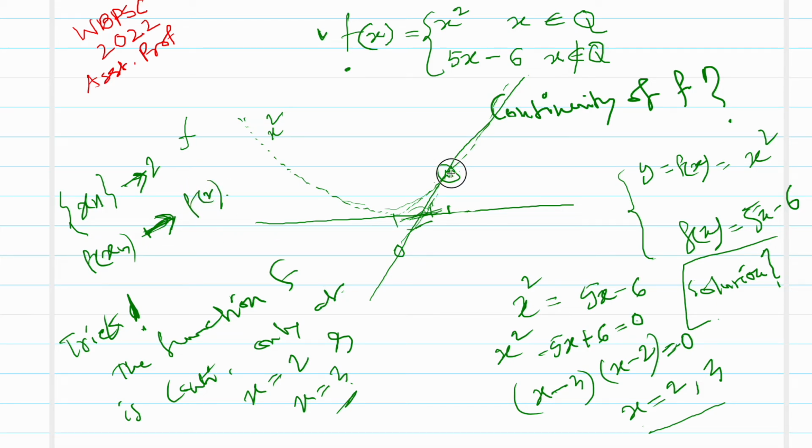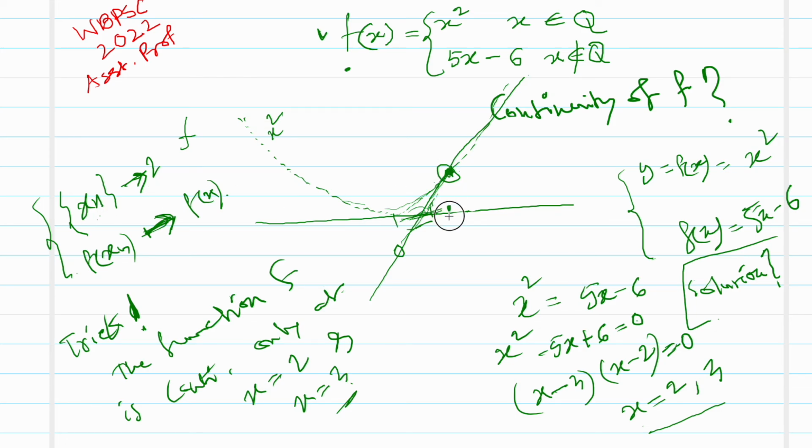That's the theory, and this is the explanation. Whether xn is irrational or rational, the functional values are approaching this height when xn is approaching 2.